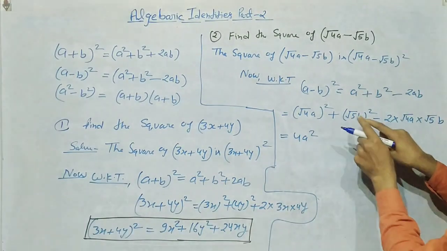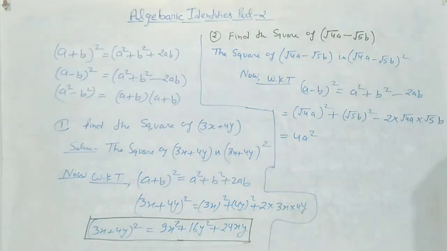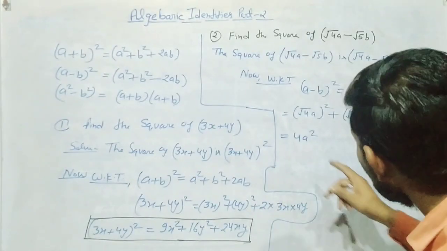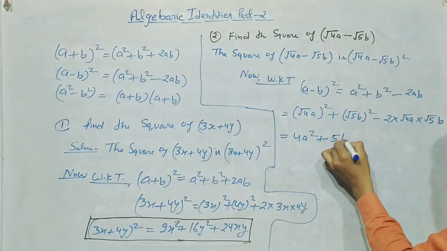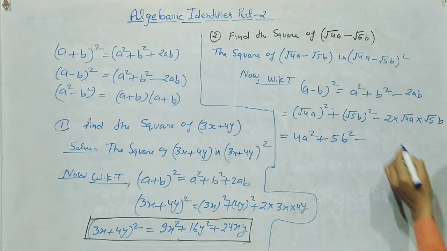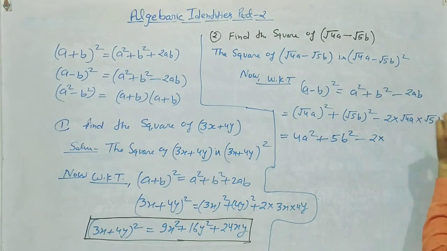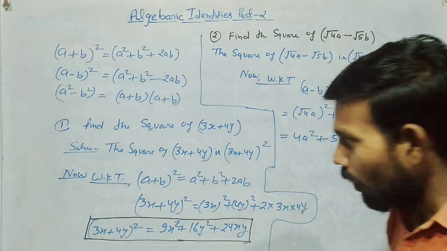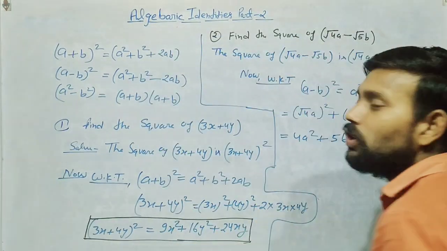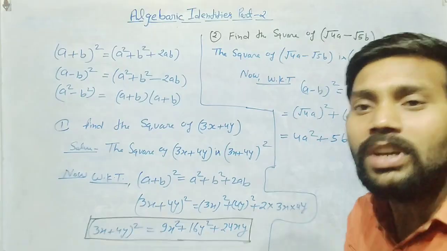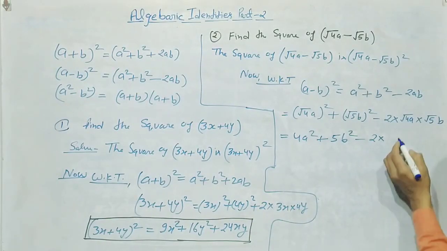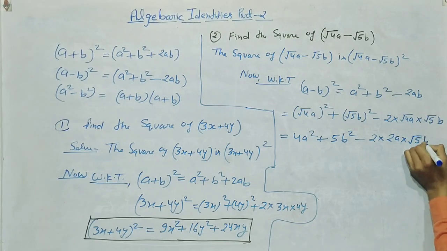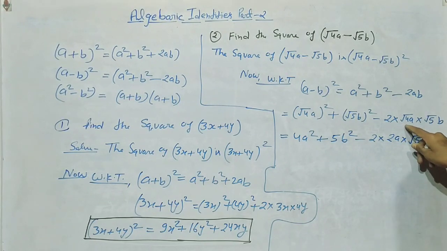Similarly, root 5b into root 5b means root 5 into root 5 multiplied by 2 times, so 5b square minus 2 into root 4. The value of root 4 is 2, because we can write root 4 is equal to 2 into 2, and 2 comes out of the square root. So it is 2a and root 5b, same as written 4a.